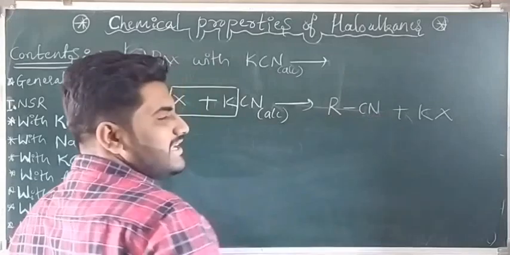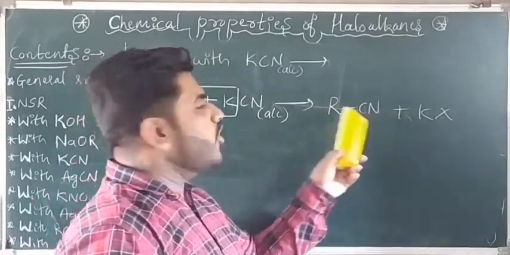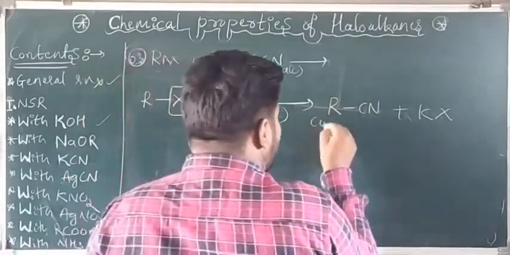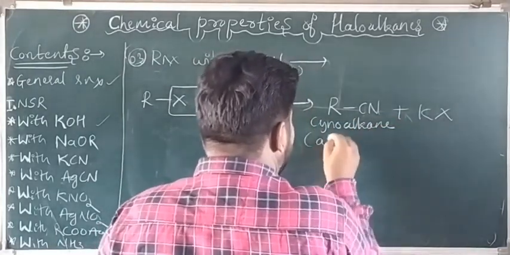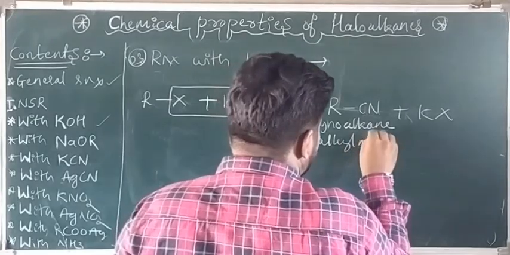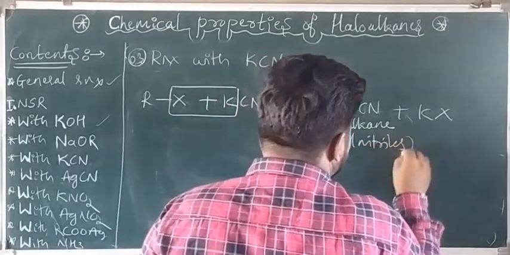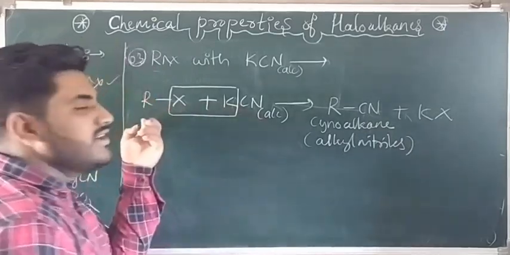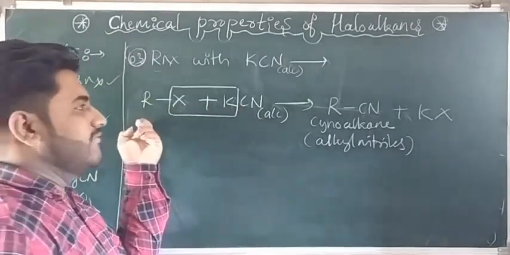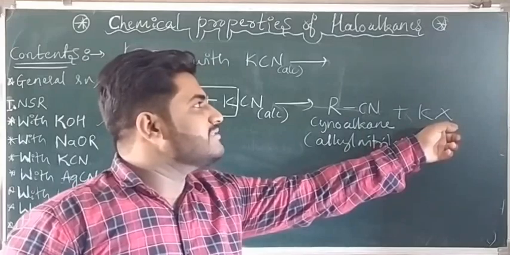This RCN is called cyanoalkane, or it is also called alkyl nitriles. Both are the same. Cyanoalkane is formed when KCN is treated with haloalkanes, alkyl halide, and KX is eliminated as a byproduct.